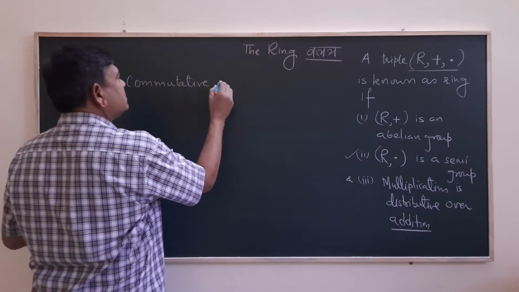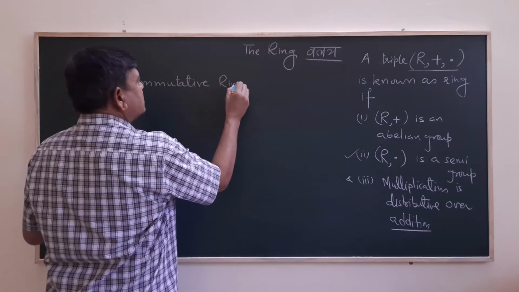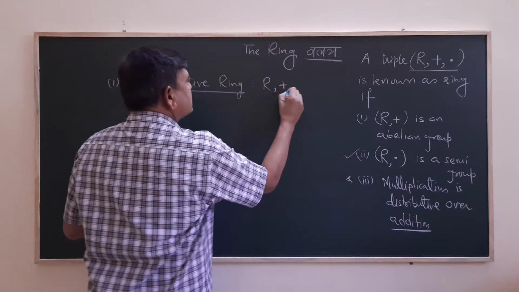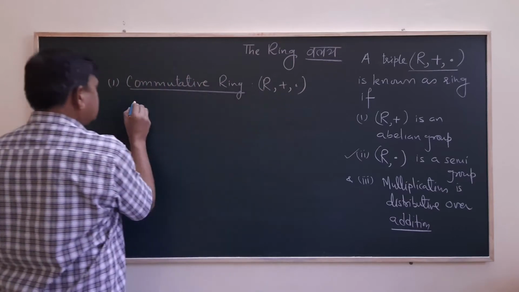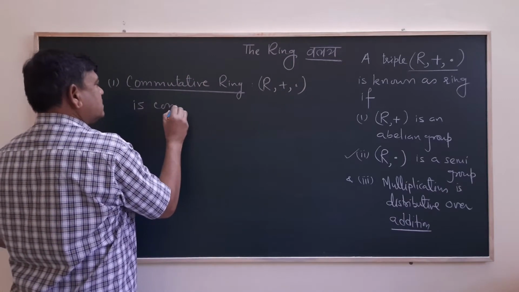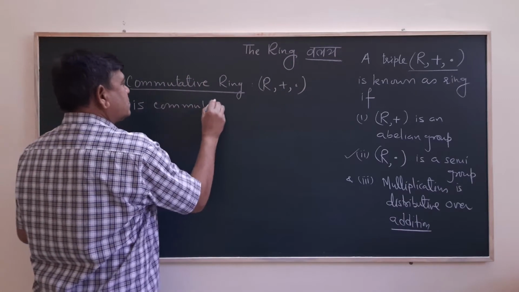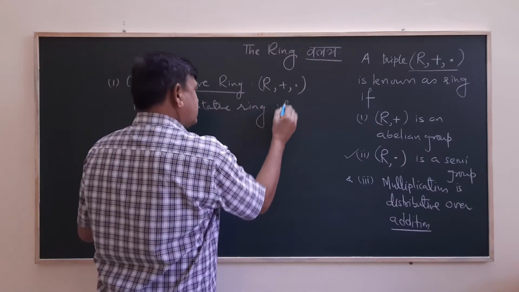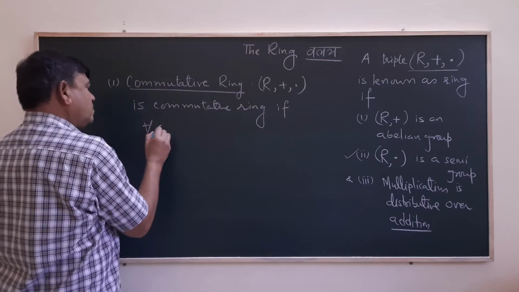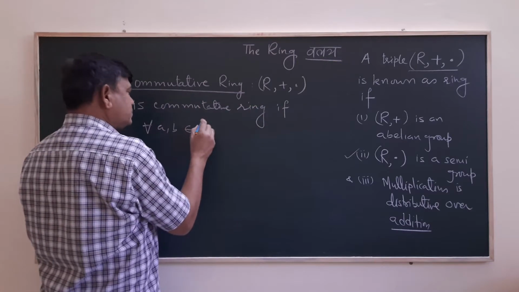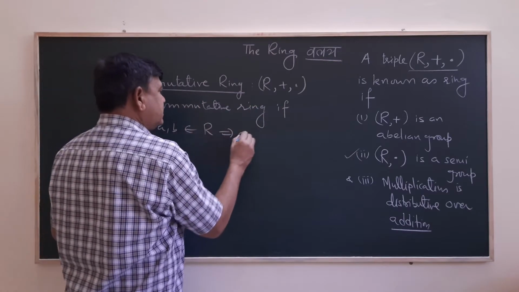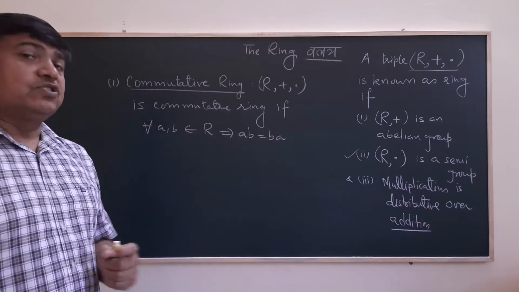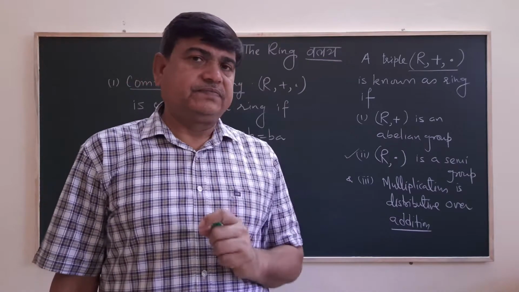Number one, commutative ring. R is a commutative ring if for all A, B belongs to R implies AB equals BA. Commutative property holds.